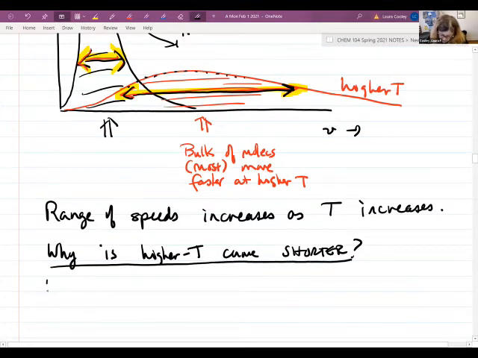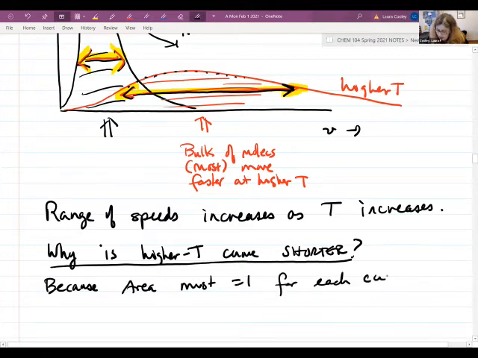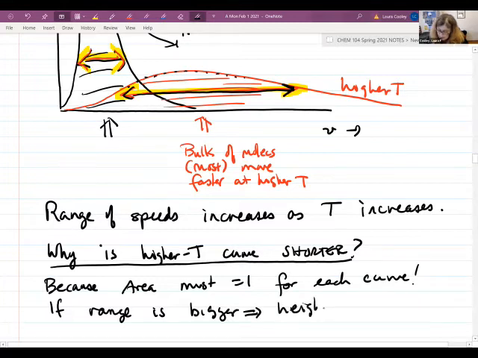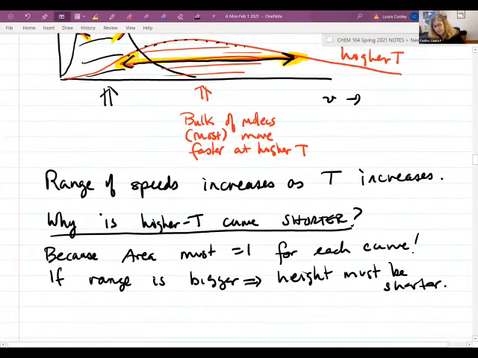Because the area must equal 1 for each curve. So they have to have the same area. If the range is bigger, the height must be shorter to keep that area the same. Okay, so that's basically the reason.